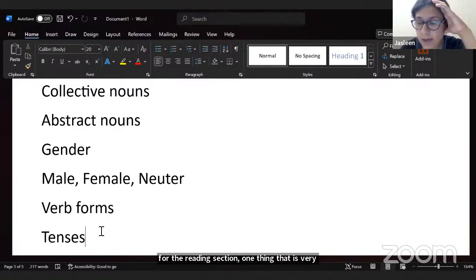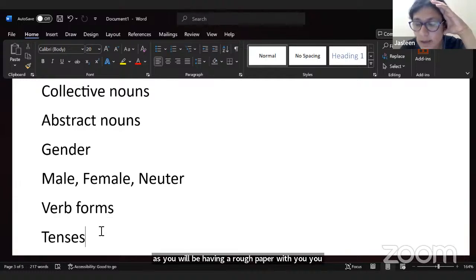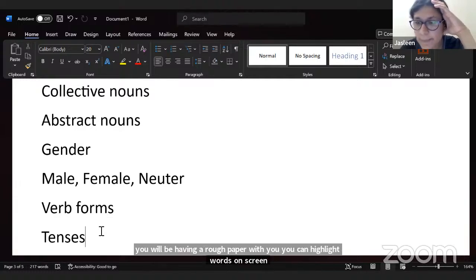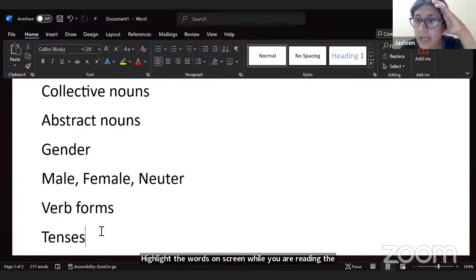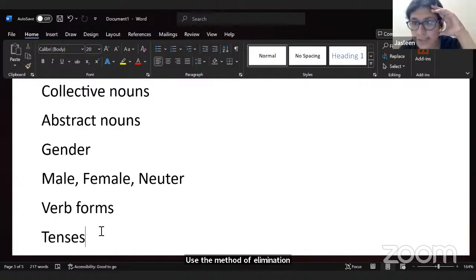As you will be having a rough paper with you, you can highlight words on screen while you are reading the passage for the first time. Make a mind map using the paper and the pen. Don't look at the options until you have summarized and comprehended the entire information, because looking at the options tends to make you confused. So once you have processed the entire information, then look at the options. Use the method of elimination both in the writing section and the reading section as well because it works.